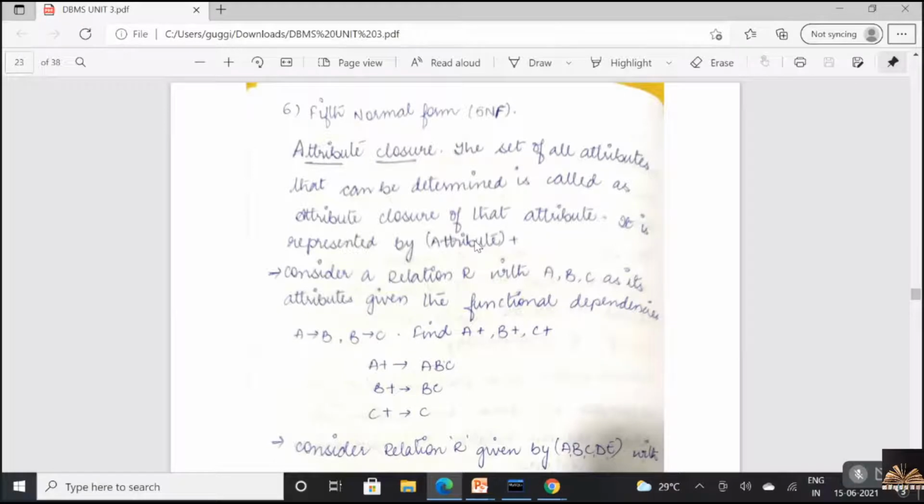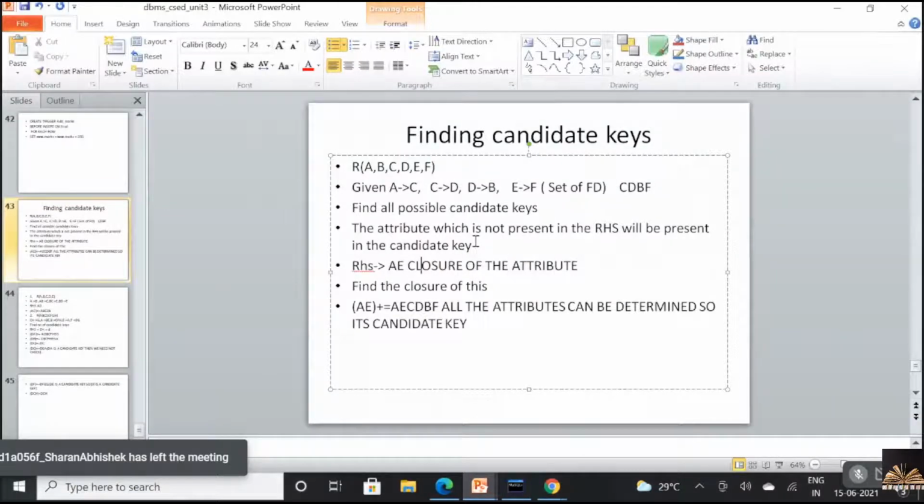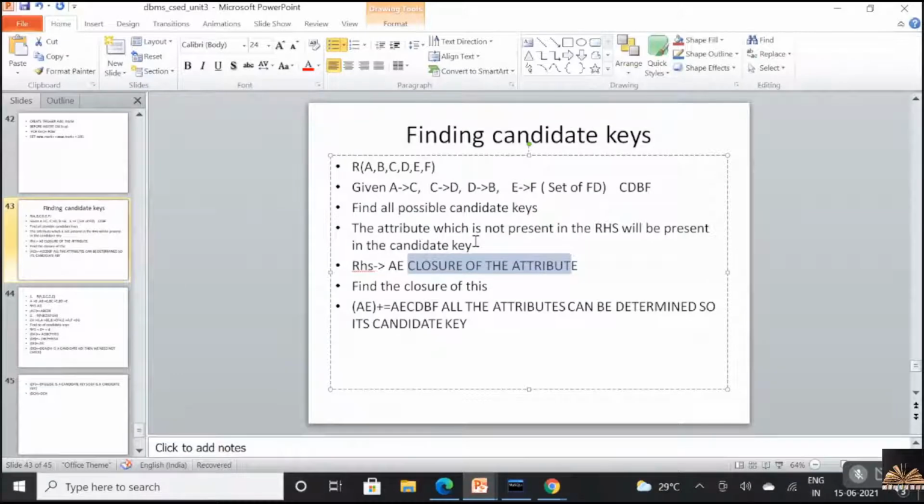It is represented by A, with a plus mark at the top of A. So whenever you want to work with closure, you have to write a plus at the top. Now I've got AE. How do you find the closure?